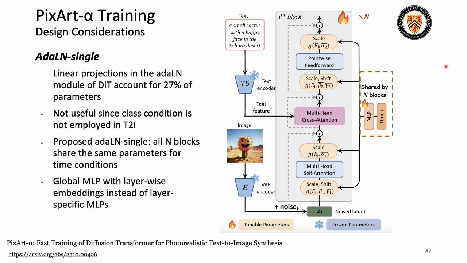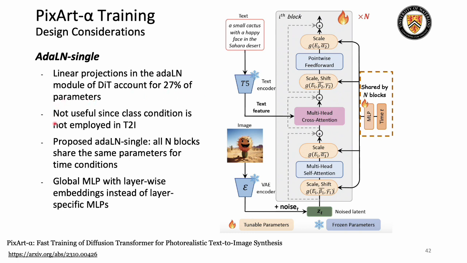So the authors of PixArt Alpha modified the original adaptive layer norm layers in the diffusion transformer to make it more efficient. They found that linear projections in the adaptive layer norm layer module of the DiT account for a substantial proportion, which is 27% of the parameters.